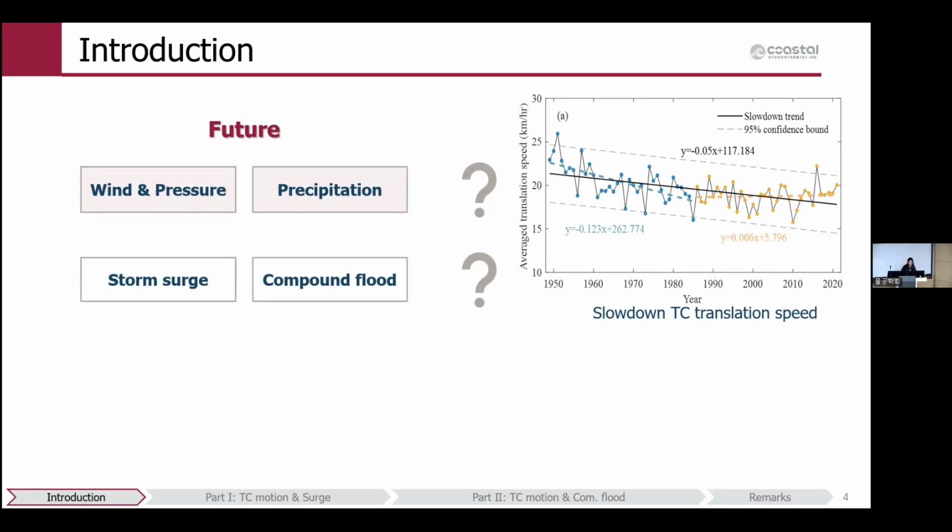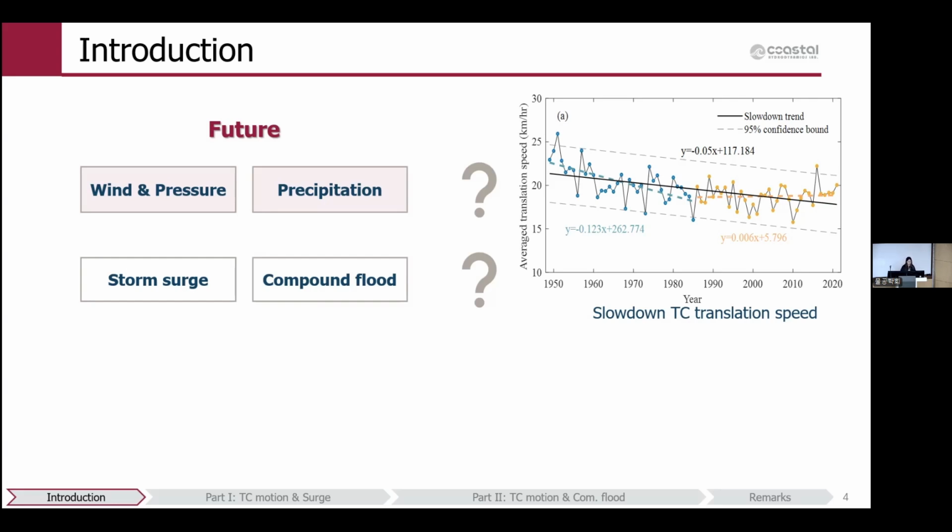So our study will first cover the generation of future TC tracks, with their wind, pressure and rainfall fields, by using some models. We aim to generalize the effect of the TC motion on the storm surge, and we expect it to form a simple and quick evaluation guidance.